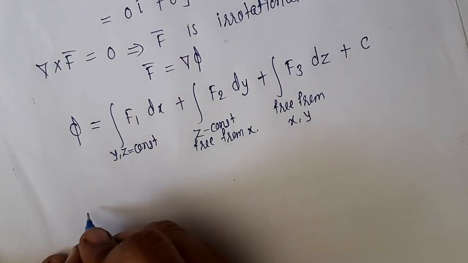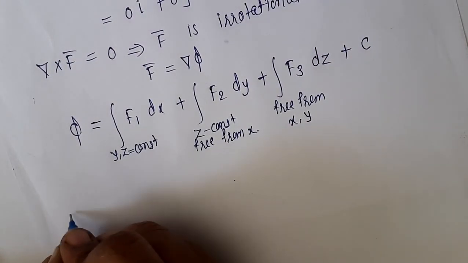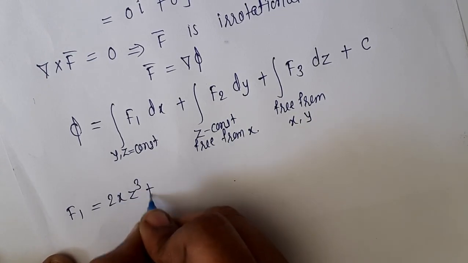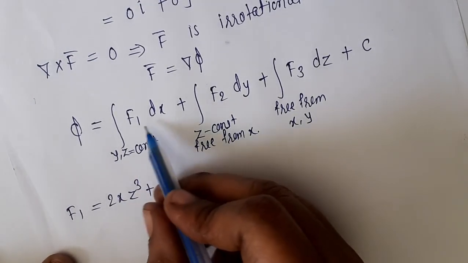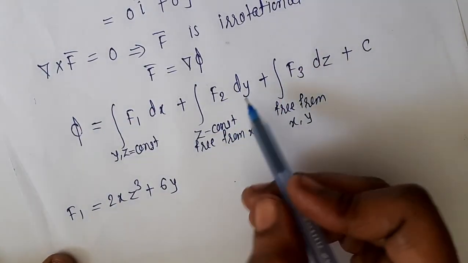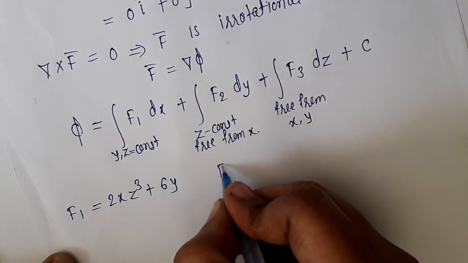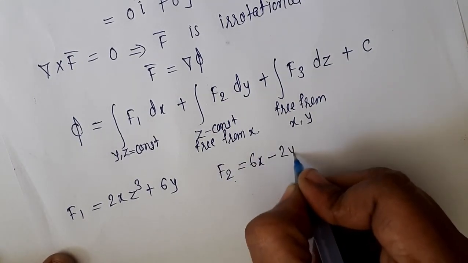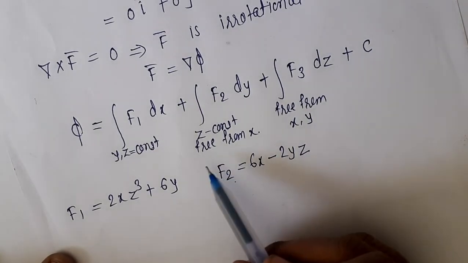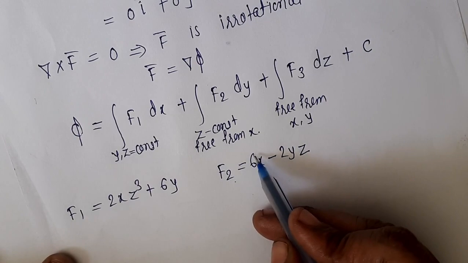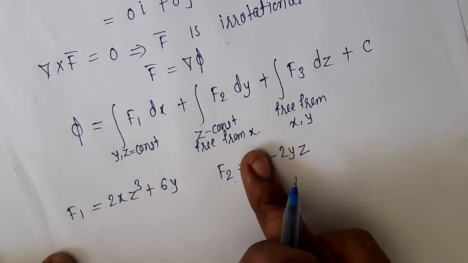Now what is f1? f1 is given as 2xz³ + 6y. So whenever we have the integration of f1 dx, write the complete term f1 as it is. Then f2 dy, where f2 is given as 6x − 2yz. f2 must be free from x, but it contains 6x, so we will not write this 6x term.